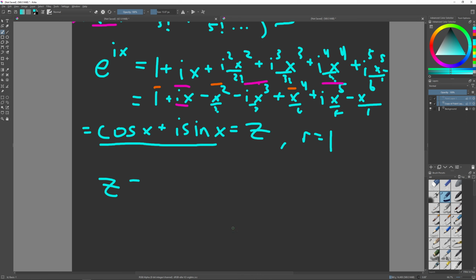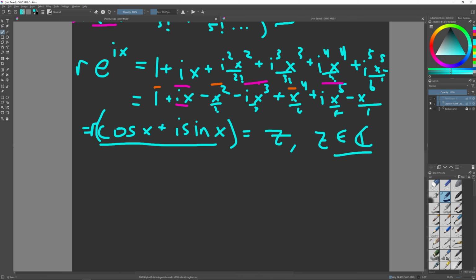But if we do a little more general, and let's multiply everything times r, some scalar, ordinary number, then we'll get everything times r, which equals some general complex number. This just means it's a complex number. So what that means is that some r times e to the I something equals some kind of complex number.